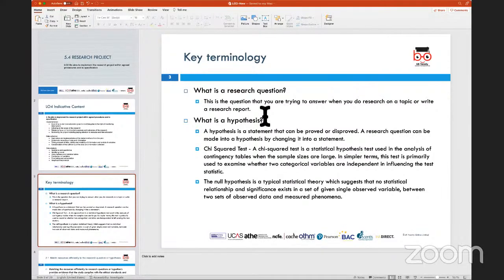Now, that question, which is the centerpiece of your research, is defined as the research question, and this helps you formulate a research topic or a title, and this is reflected throughout the activities and the data that you collect in your research report. So towards the end, when you present your findings, there is a triangulation which is to be done in terms of your research aims and objectives.